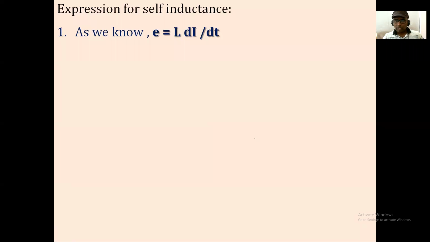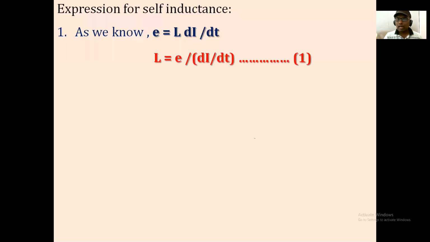See, as we know, this is the first equation for the self-inductance, E is equal to L di by dt. Di by dt stands for the rate of change of current, but L is the constant. L is the property of a coil and it is always constant. That's why it is taken outside of the derivative here. And what is the changeable parameter? It's the current.